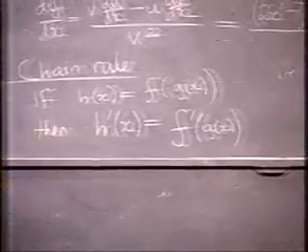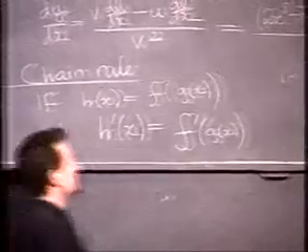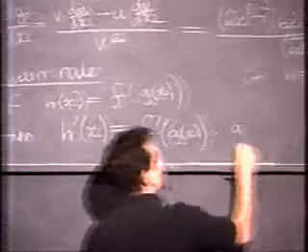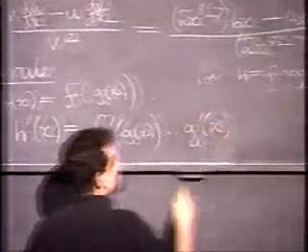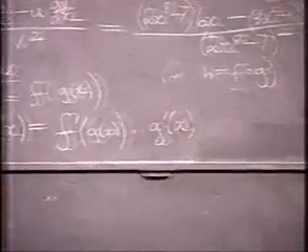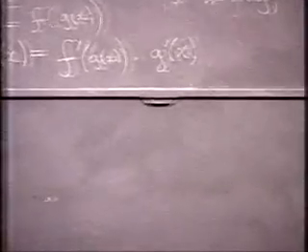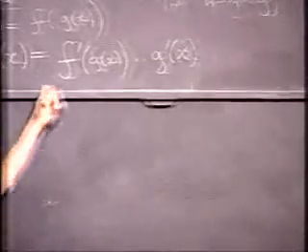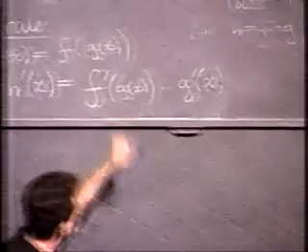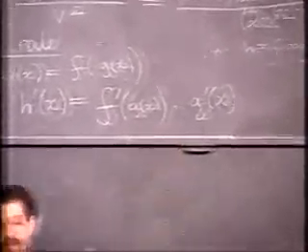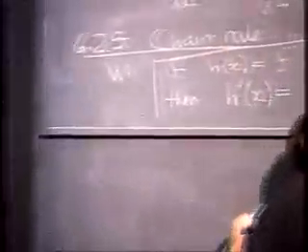But we've got to worry about g as well, and it turns out that you simply multiply by the derivative of that something. So it's not just f of x, it's f of g of x, so the derivative is f prime of g of x, but then you have to multiply by g prime of x. And that is well worth remembering.